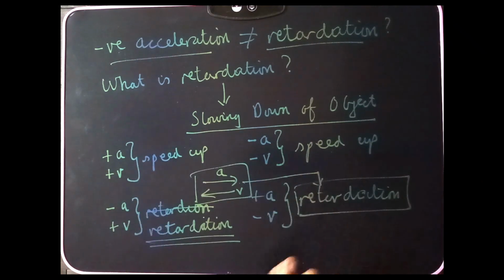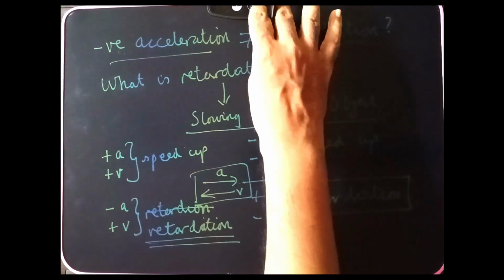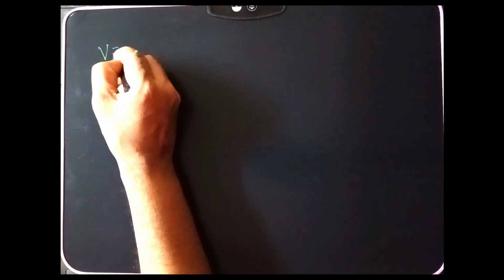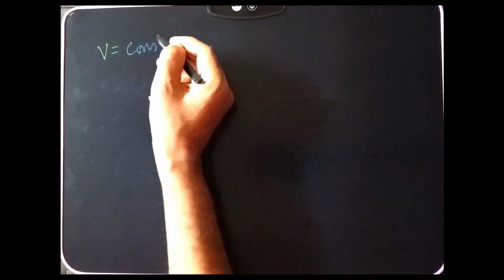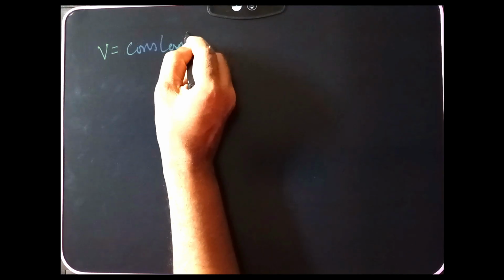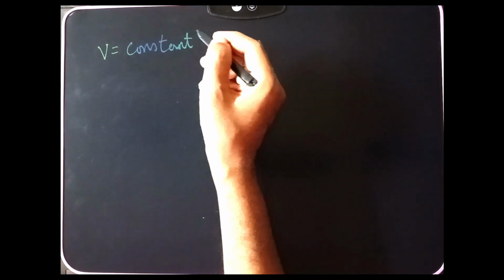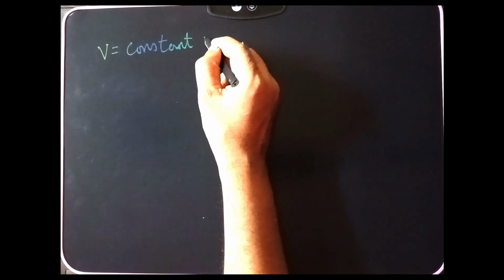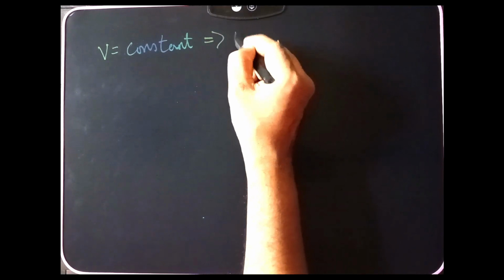Let's go to the final concept of acceleration. I'll clear this out. If you have noted it down, I'll clear it out. The next aspect is when velocity is constant. When velocity is constant, this is called uniform motion.